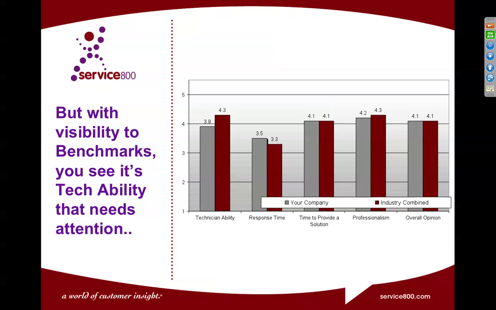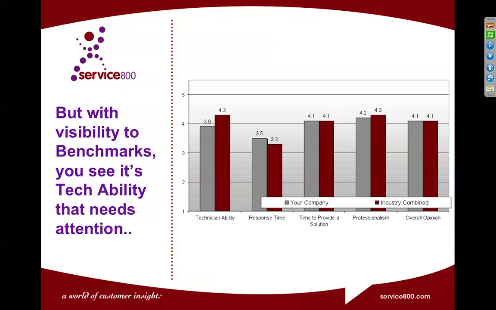And here what you see is that, in fact, where you were drawn to repair response time or to place your resources to improve response time, in fact, your response time is better than your colleagues that are participating in this benchmark.